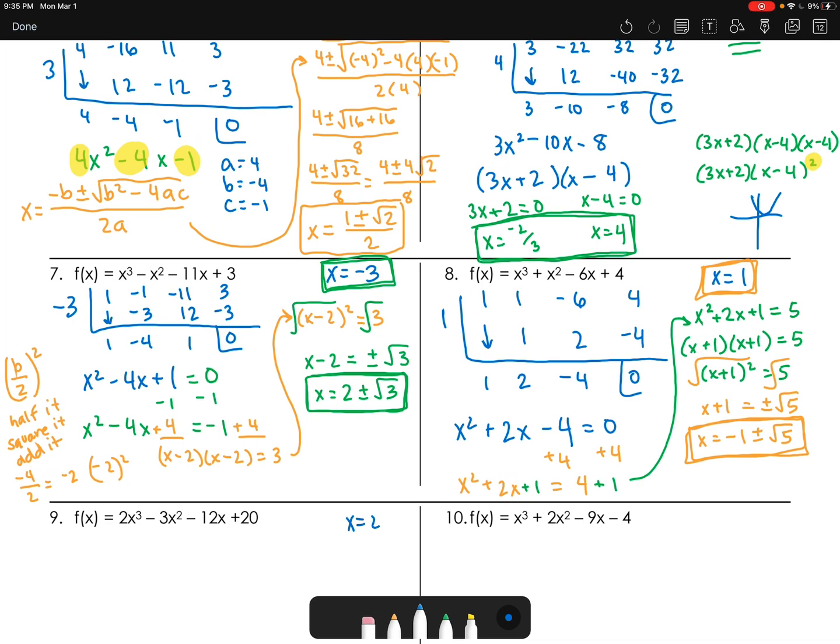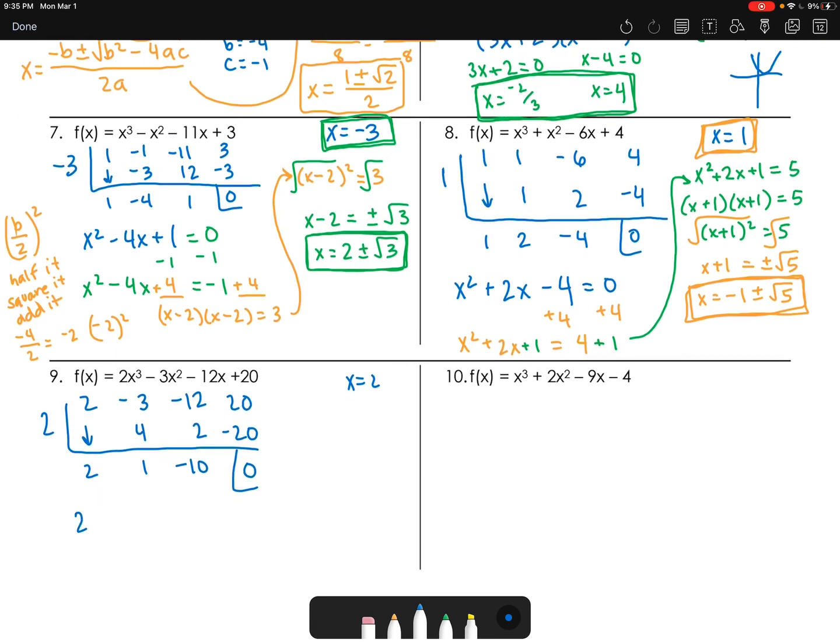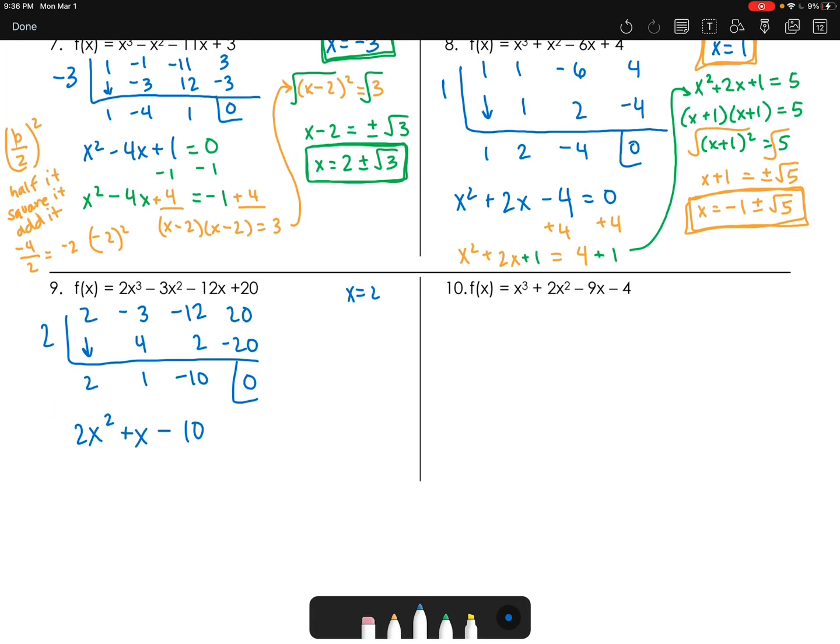Okay. And then this one, use our synthetic division. 2, -3, -12, 20. 2, 4, 1, 2, -10, -20. So I am going to get 2x squared plus x minus 10. You can always try to factor first, so let's try it.